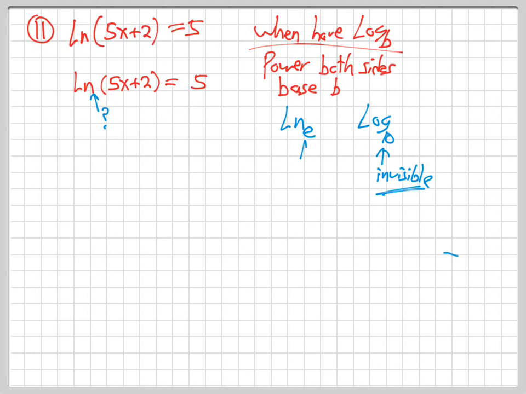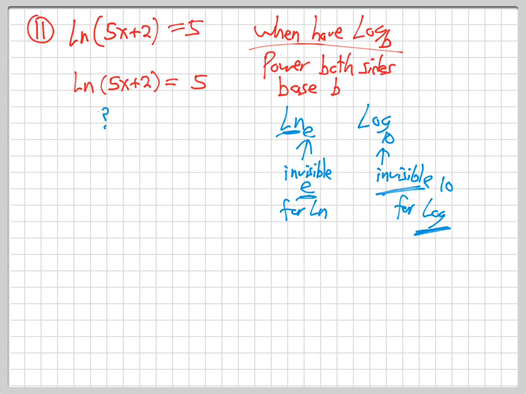And if it's ln, it's e. Let me put it there: invisible e for ln, invisible 10 for regular log. So if you write the regular log word and don't show the base, it means it's 10. If you write ln, it means it's e.